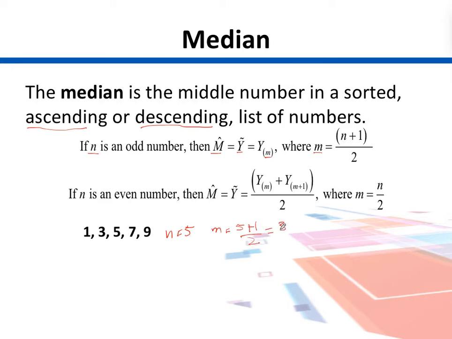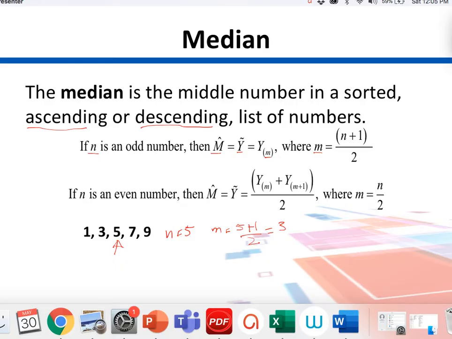So it's the third number. That is the median from this odd list of 5 numbers, and it's this number. So n represents the sample size, whereas m represents the position of that individual number.